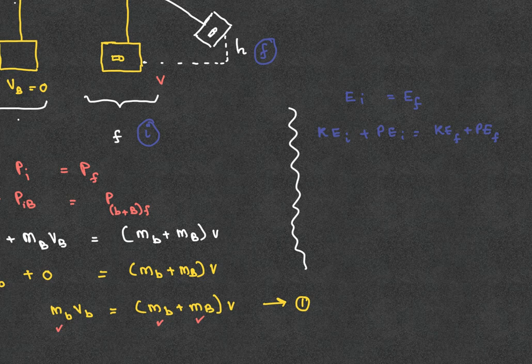Now kinetic energy initial, let me substitute for that, 1/2. Don't forget we have the block and the bullet together, so we have to substitute the full mass there, and the velocity at that point is v, same v that we had earlier. And then the potential energy at that location is 0 because we take this point to be our 0 potential level.